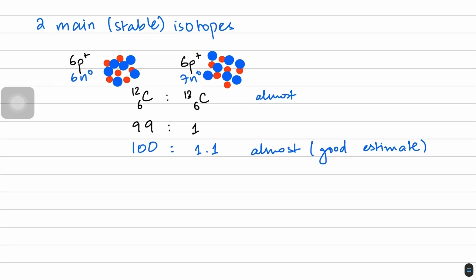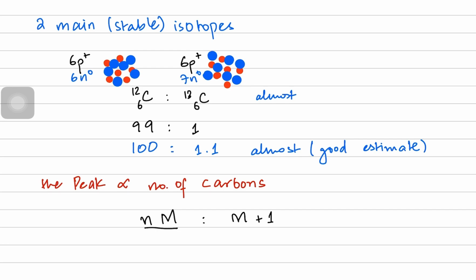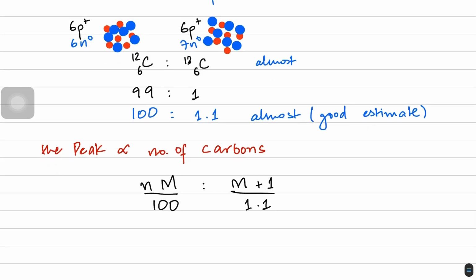You should know one thing, that the abundance of the peak depends on the number of carbons. The height of the peak, the abundance of the peak, is proportional to the number of carbon atoms in the molecule. If you have n carbon atoms, where capital M represents the abundance of the carbon-12 peak and M+1 represents the abundance of the carbon-13 peak, then using the relative ratio of 100 to 1.1, we can find the number of carbon atoms.